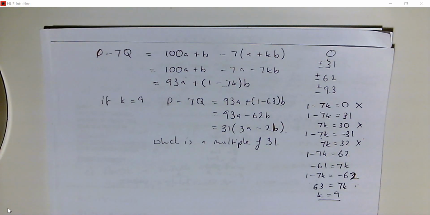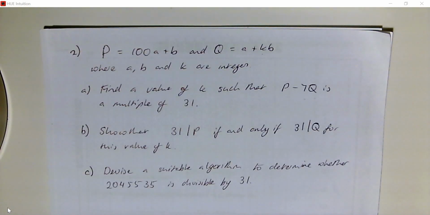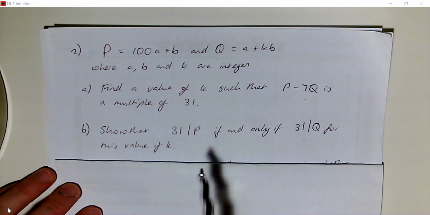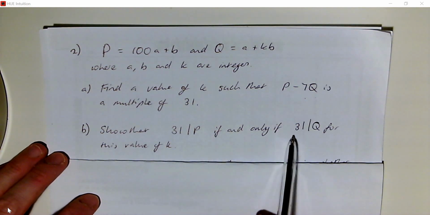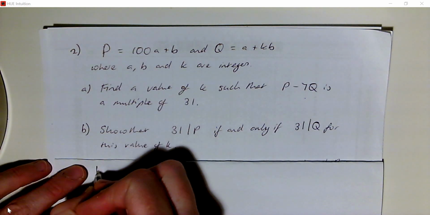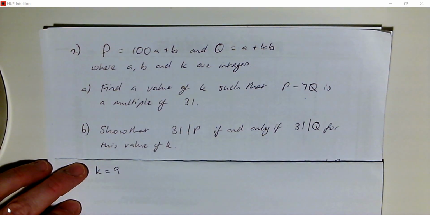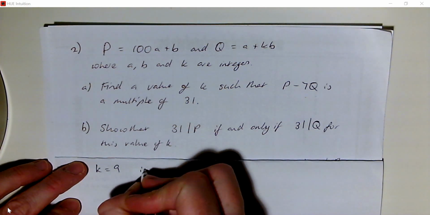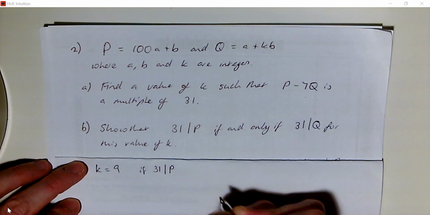Okay, right, let's look at the next part of the question. So once we've done that, we're now going to show that 31 divides p if and only if 31 divides q for this value of k. So let's have a look. So we had k is equal to 9, all right? And let's start with if 31 divides p.